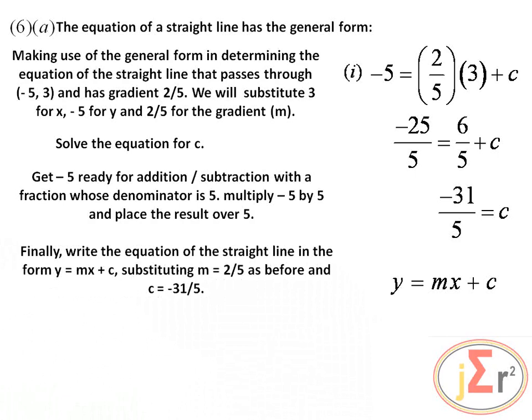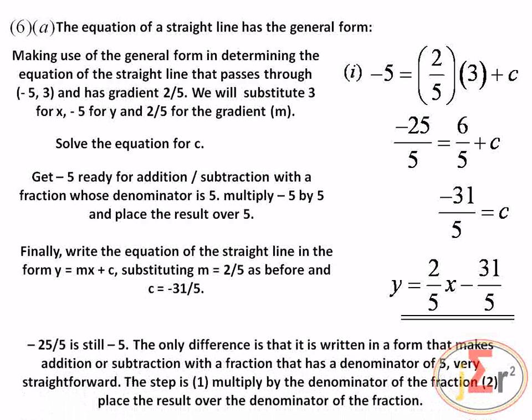So finally, write the equation of the straight line in the form y is equal to mx plus c by substituting m, 2 over 5 as before, and c, -31 over 5. -25 over 5 is still -5 as discussed before.